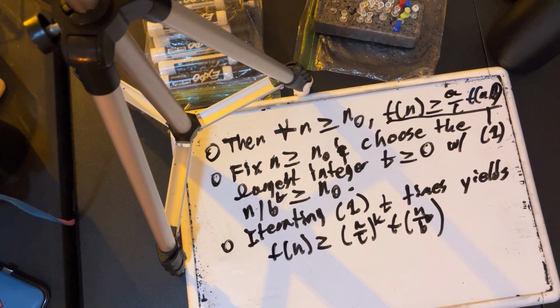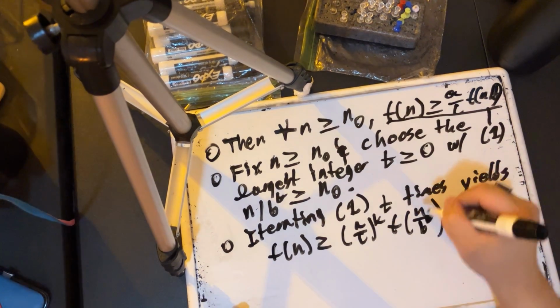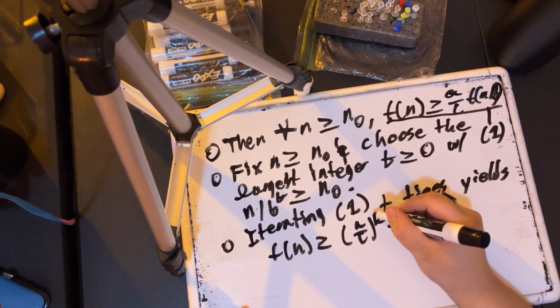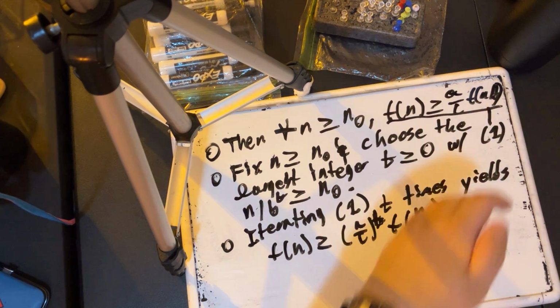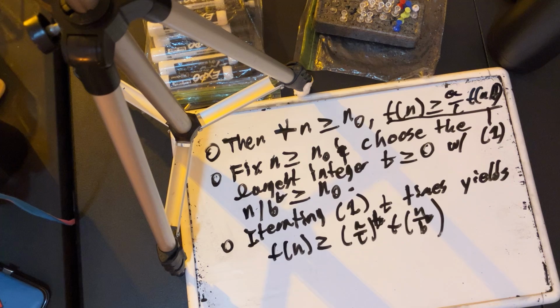So you can sort of see that by, this is supposed to be a t here. There we go. So we're iterating this t times to get this. And so what can we then say?